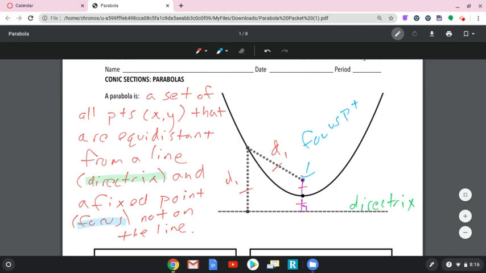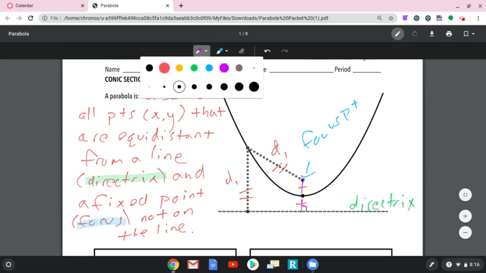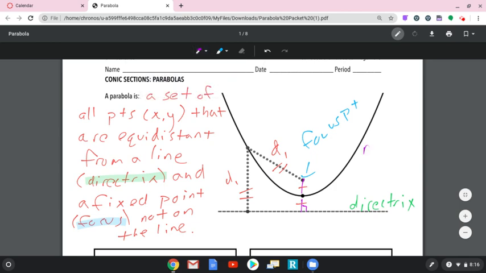We're going to call that distance down there, let me put 2 on this one to differentiate it. When I talk about the magic distance, that is what I'm talking about: the distance between the vertex and the focus and the vertex and the directrix. That distance will be exactly the same.